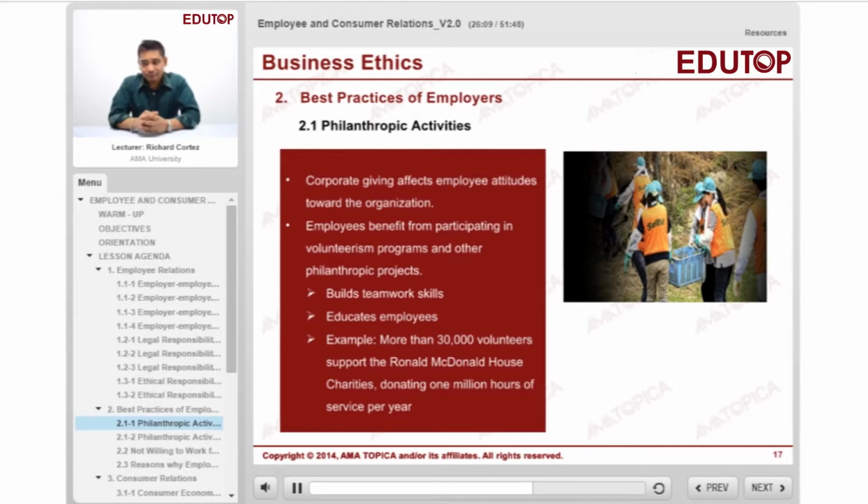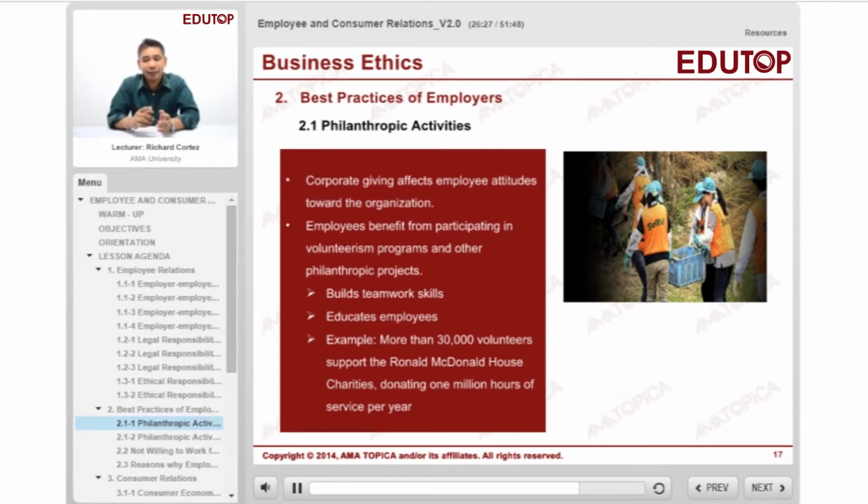And here we have one example of good volunteerism work. For example, more than 30,000 volunteers support the Ronald McDonald House Charities, donating 1 million hours of service per year. So it is volunteerism work by the employees of McDonald's.